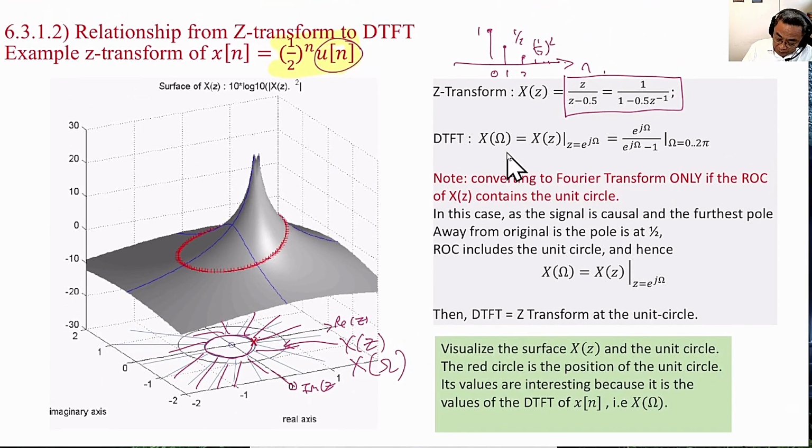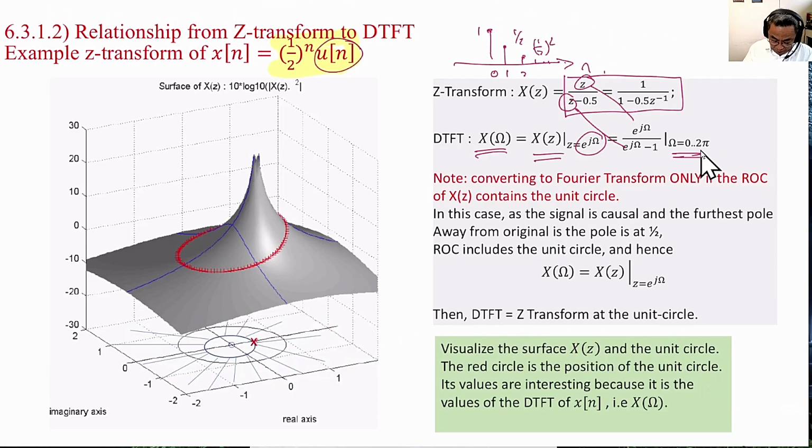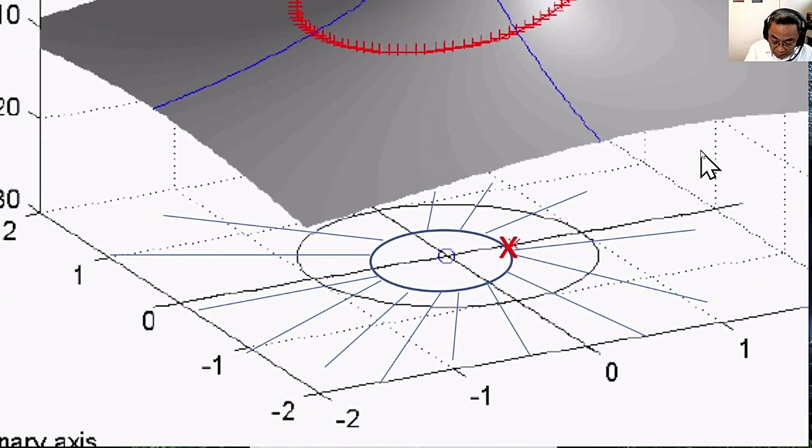So what we do is that we take X(omega) and we let it equal X(z) and substitute z equals e to the j omega. So all we are doing is we write the z here, and then we will now substitute different omega. So what does it mean by omega equals 0 to 2 pi? Well, what you should think of is that, now let me draw for you the real part, this line, this vector, and as this vector is traversing to here, then this is theta.